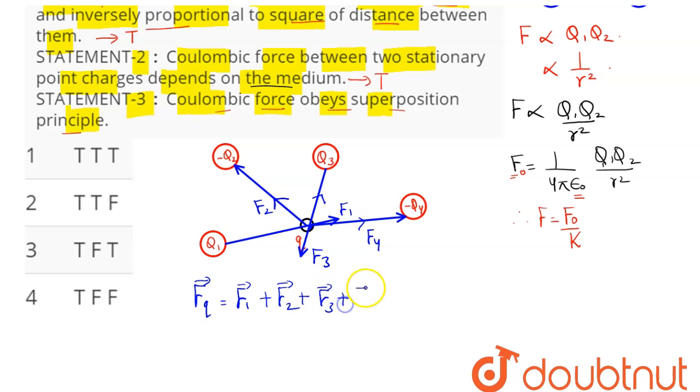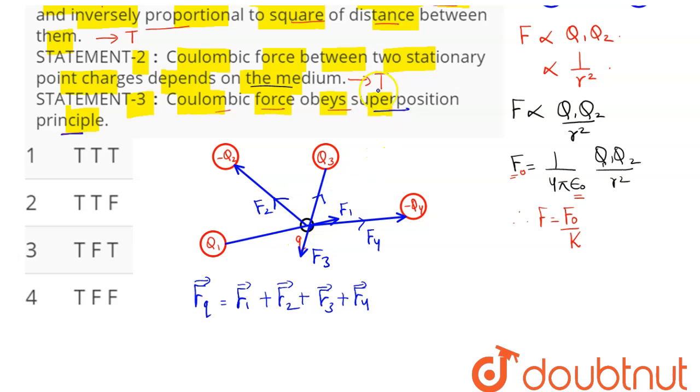So we can see here Coulombic force obeys superposition principle. That is, we can see here the individual charge will exert same magnitude of force. It does not matter surrounding charges exert force on that point charge or not. So it will exert force of same magnitude and direction.